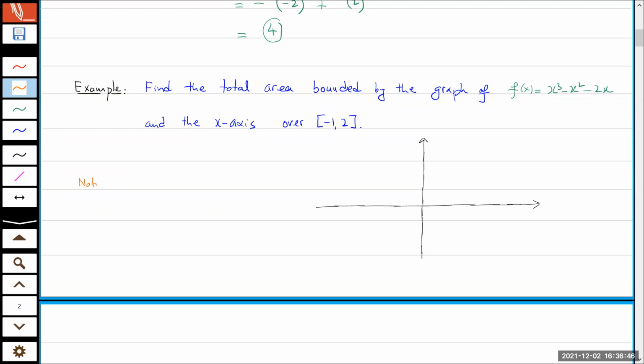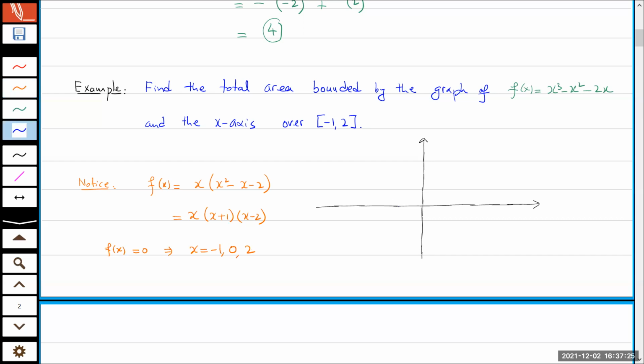Notice f of x equals x times (x squared minus x minus 2), and I can factorize the term in the brackets: x times (x plus 1) times (x minus 2). Therefore f of x equals 0 implies x equals negative 1, x equals 0, and x equals 2. I have found all three zeros of this cubic function.